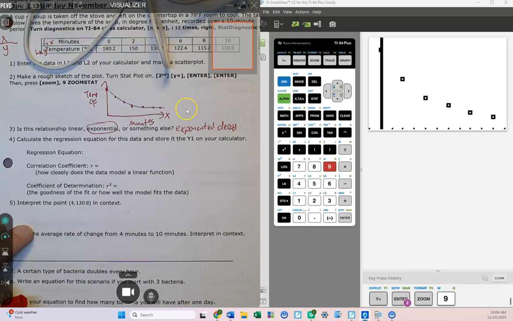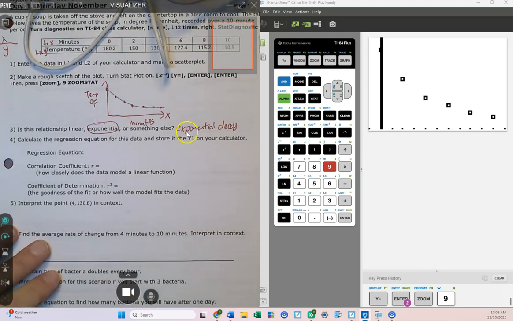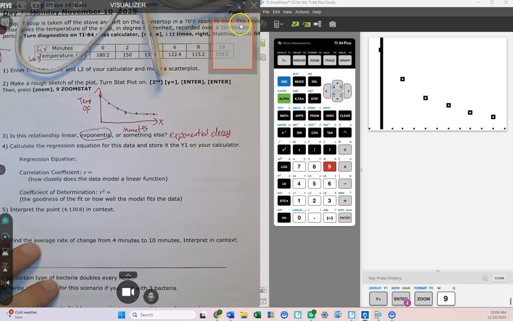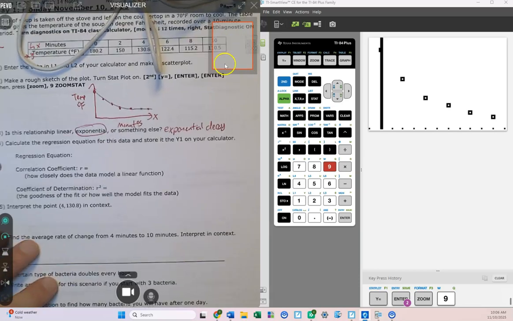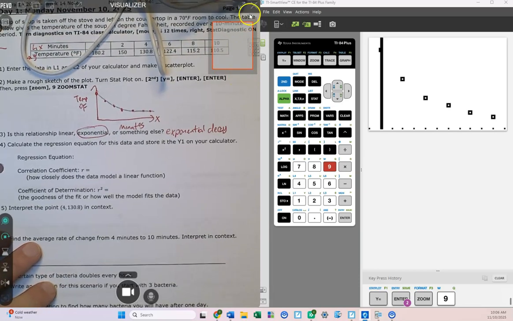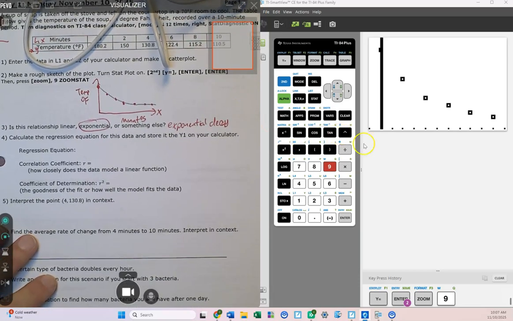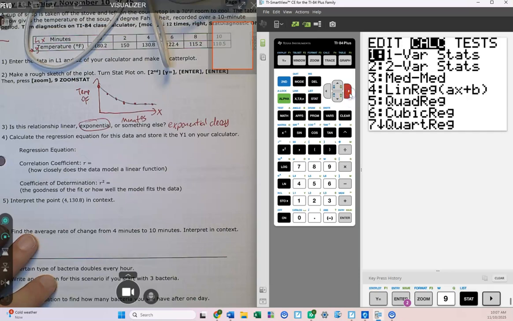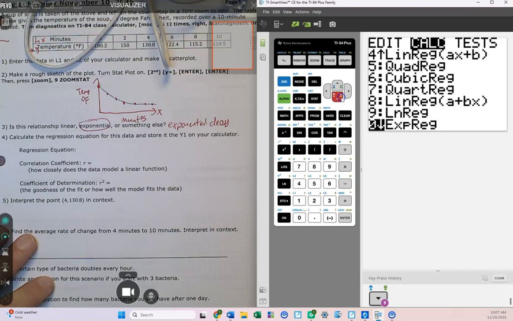Okay, now I'm not big on storing it. We'll put it in later. I don't know why that red box is up there. It irritates me. Whatevs. Okay. So now go stat, right to calc, and we're looking for EXP regression.